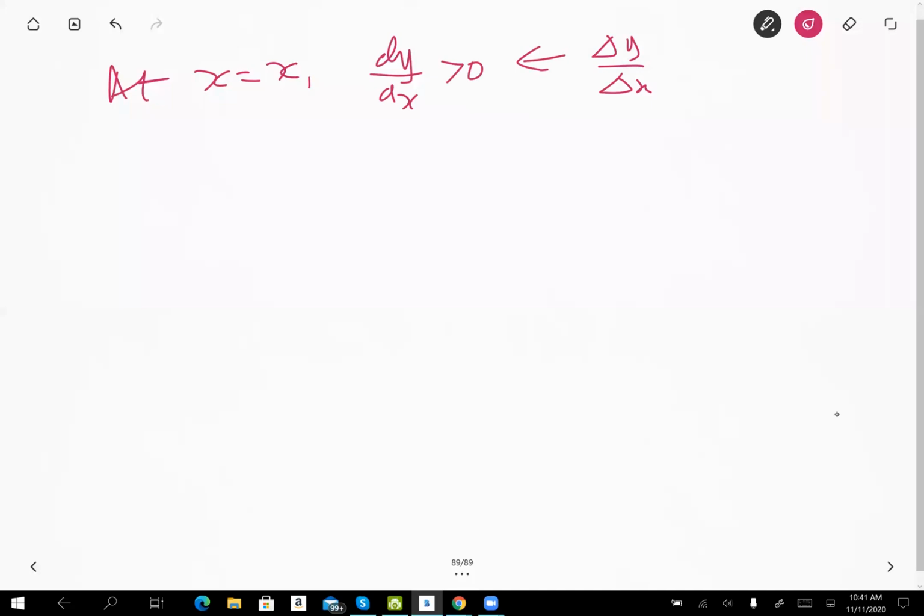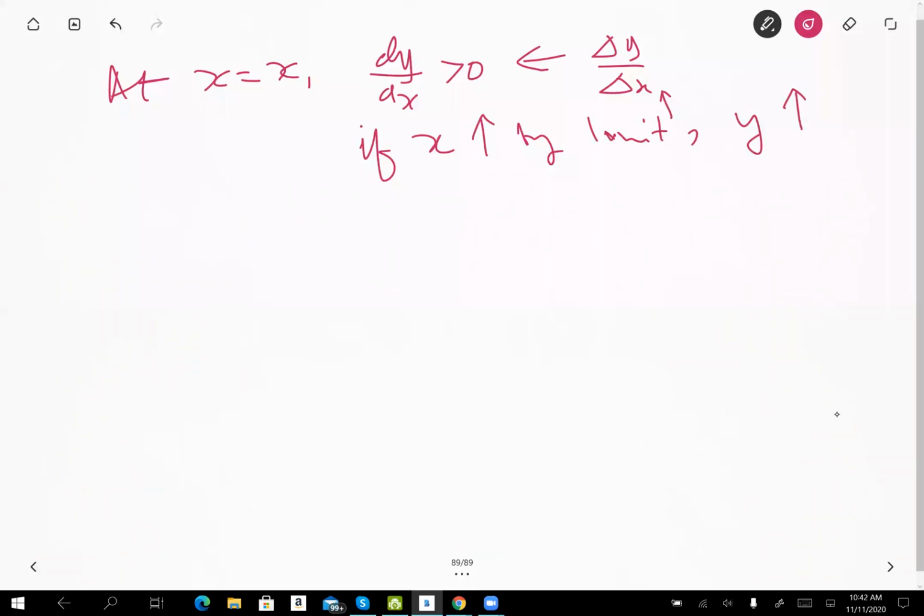If x increased by 1 unit, then what about y? If the slope is positive, the change in y is positive, so y increases, by whatever amount is given by the derivative or by the slope.